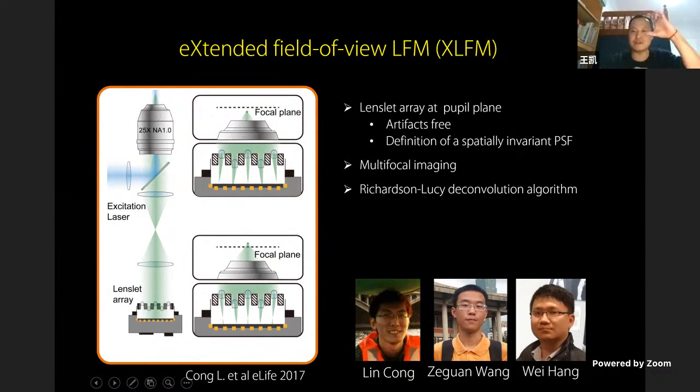One group of lenses focuses at a certain axial range, and another group focuses at another range, so that each of them has a relatively high resolution, and then we can tie them together to have an extended focusing range. That's the one diversity which we introduced in our XLFM.